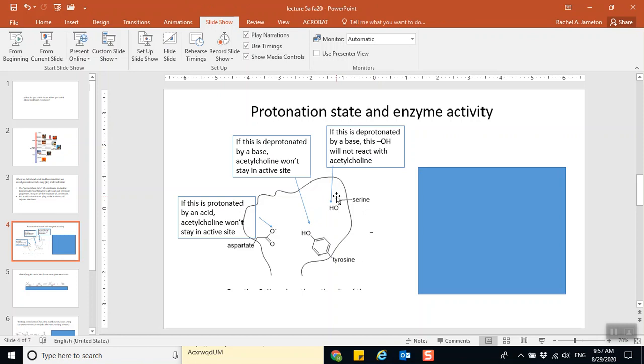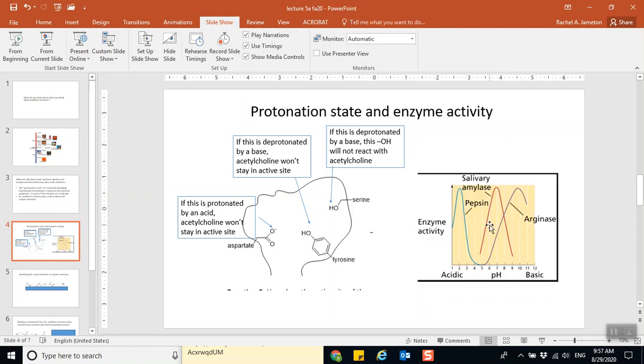And the OH, again, the protonation state of the OH is key. It can't be deprotonated, in other words, be a negatively charged oxygen, or be protonated, which would give it a positive charge. If either of those were the case, then the reaction that needs to happen wouldn't happen. And so these protonation states are really important. The protonation states, and here's one of the times that we'll actually talk about pH, are determined by the pH of the solution or the environment.